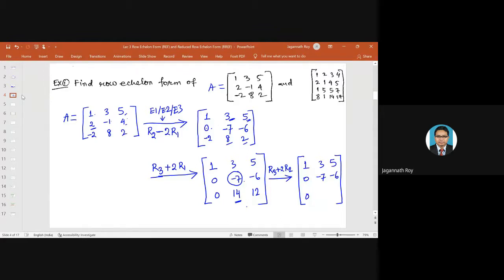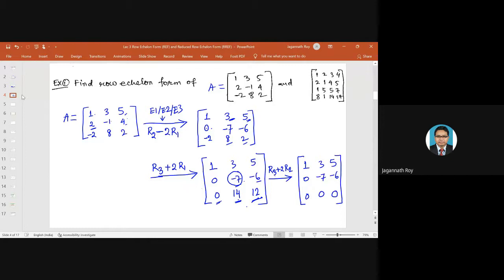If you add these two rows, R3 is 0, 14 and 12. So now we multiply with 2: 2 times minus 7 is minus 14, and adding to 14 this becomes 0. Similarly, 6 into 2 is minus 12, and minus 12 plus 12 also becomes 0.